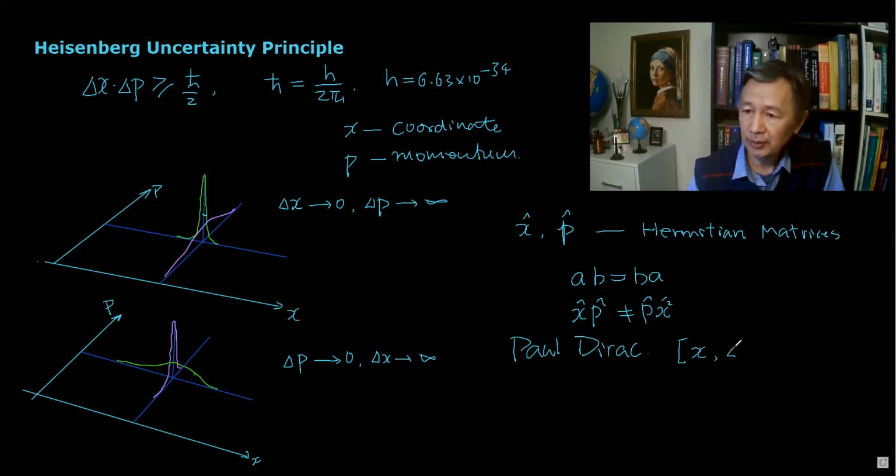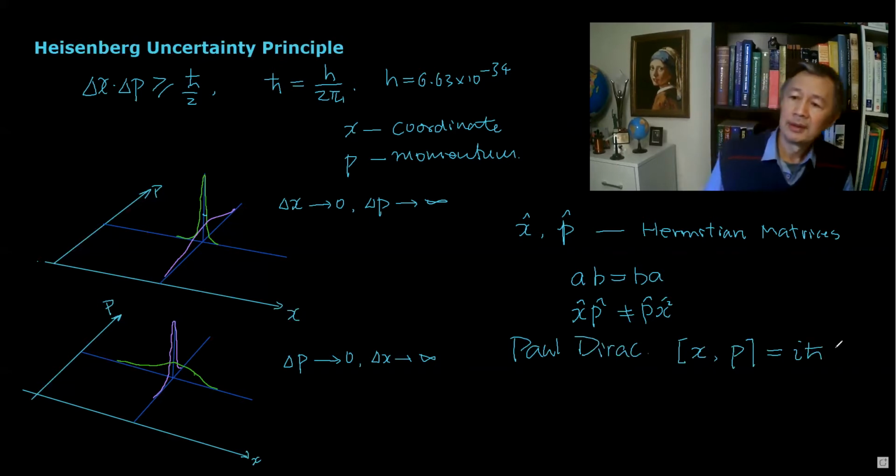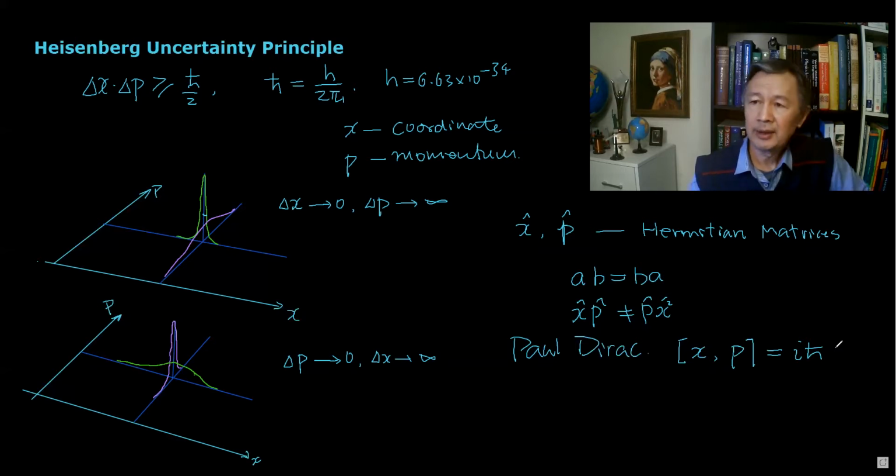By the way, we have to take care of what is negative and positive in this case. That is what Dirac first showed: in quantum mechanics, this bracket is originally called the Poisson bracket.